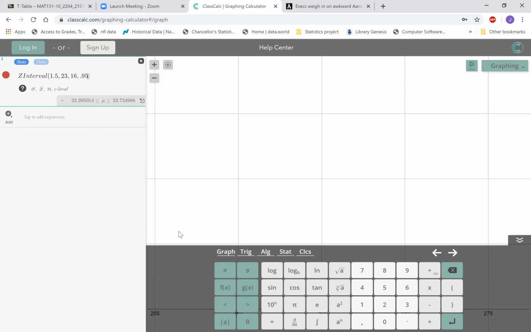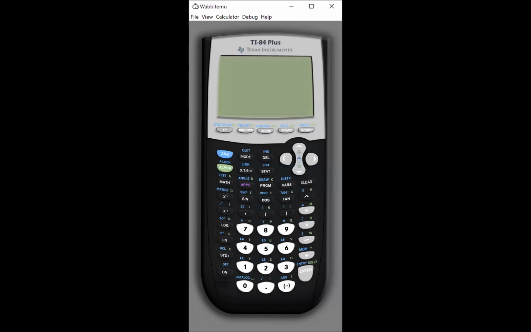So up next, I'm going to go ahead and switch it over to the TI-84. If you have a TI-84, this is your time to follow along. The first thing you want to do is hit the stats button. Once you hit it, you should be on a screen where it says edit, calc, and test.